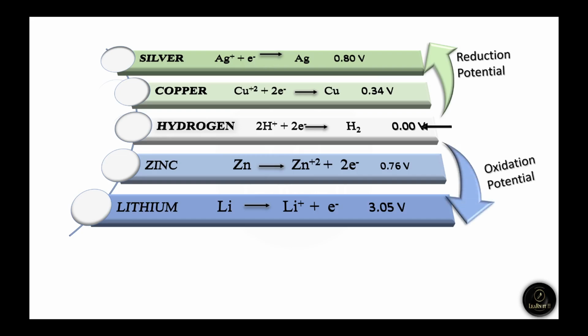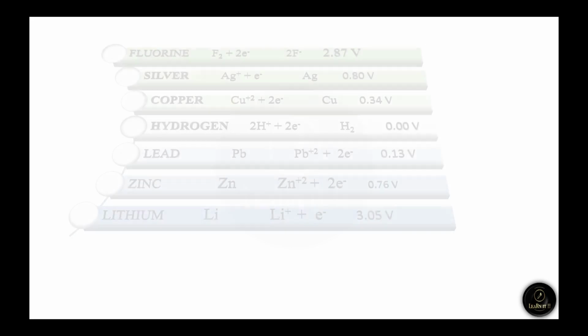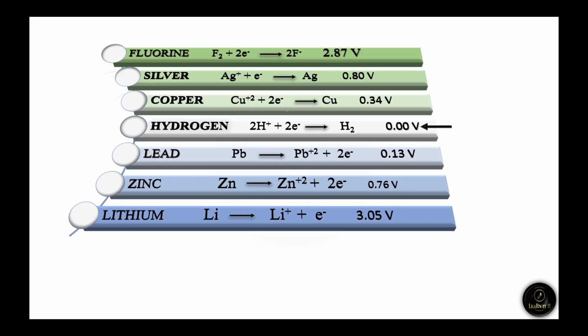The zinc has a standard oxidation potential value of 0.76 volt, but it is below the lithium. So if we add some more elements like fluorine, because we know fluorine is the most electronegative element, it will occupy the first position in the standard reduction potential values.